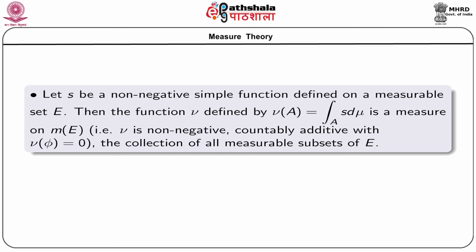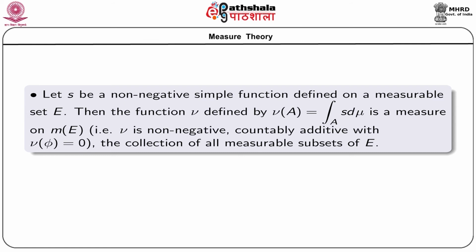Again, we go back to one of the results which we had proved for simple functions. Just recall that if s is a non-negative simple function defined on a measurable set E, then this simple function can generate a measure on the collection of all measurable subsets of E. Similarly, instead of a simple function, if we take a non-negative measurable function f defined on a measurable set E, then also we can generate a new measure by the same process.